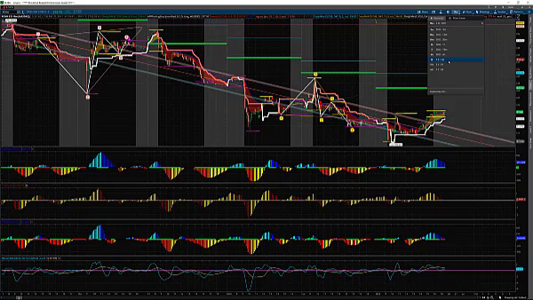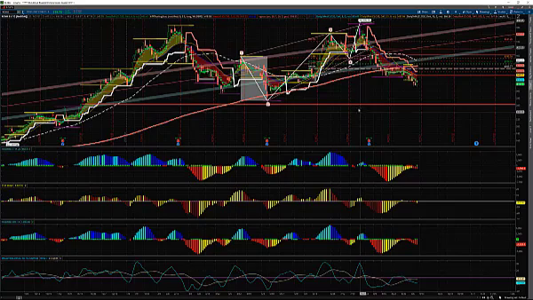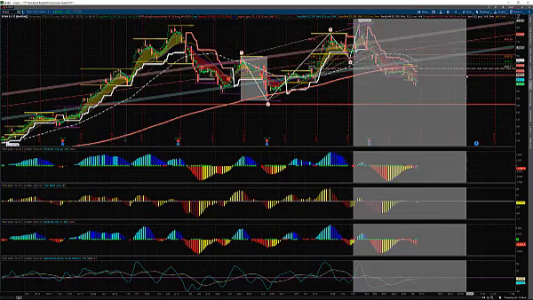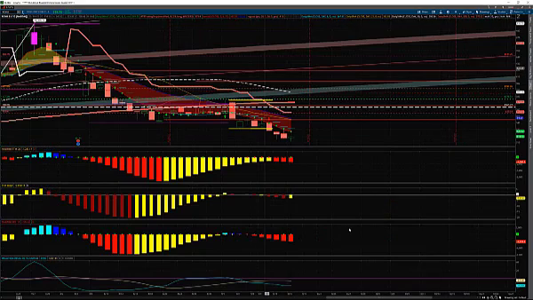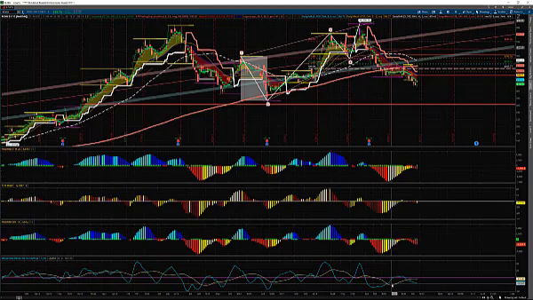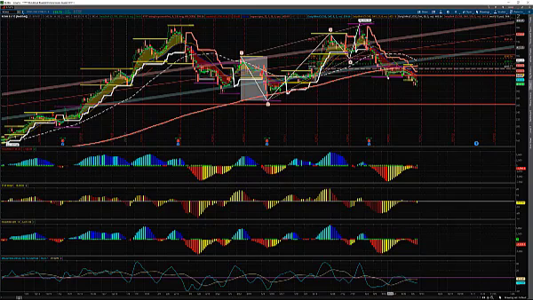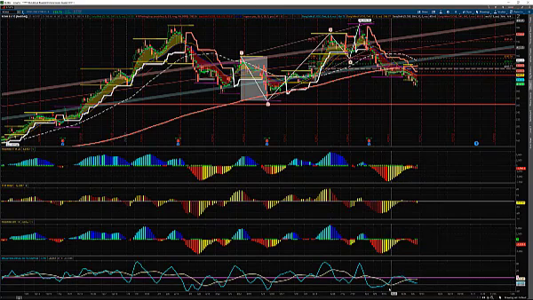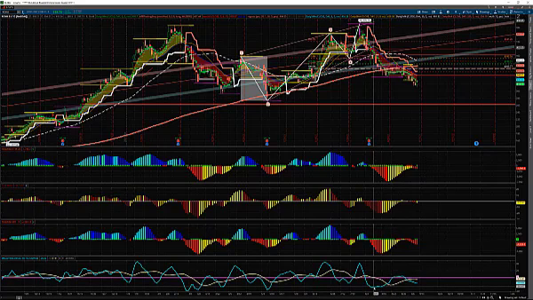The most important part here is actually the technical aspect of it. So the low here that it made back here in August created a low technically on this MACD right around this level.